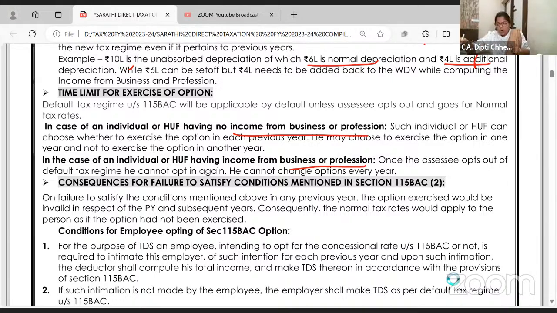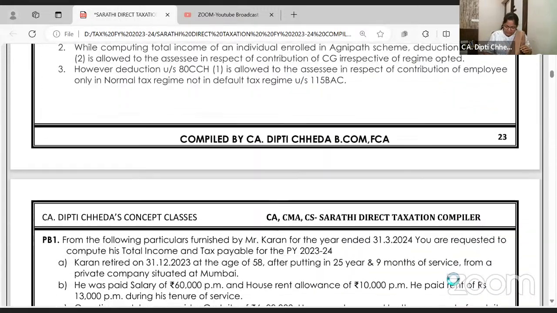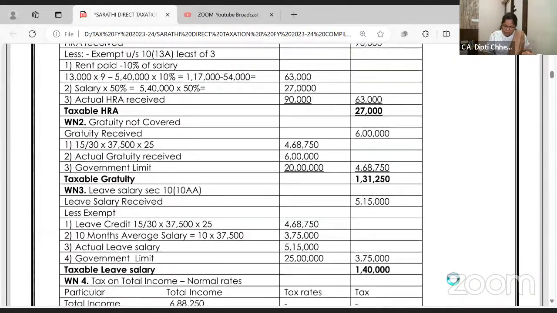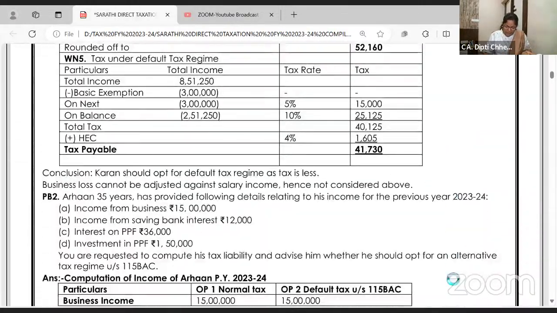Say with business income you opted in 115BAC and filed your return in the default tax regime. Now you don't want to continue and come out. Then again, you can't go in for life as long as you have business income. Other than business income, every year they can decide. And this is a problem solved with both the options and the comparison also.